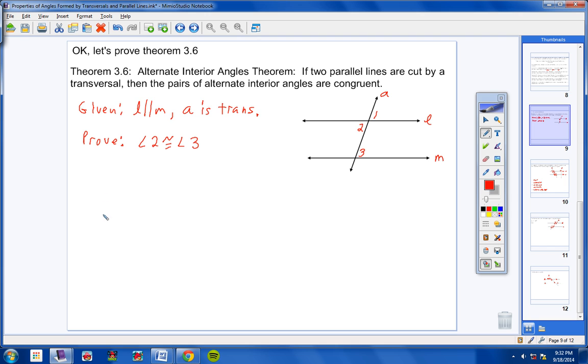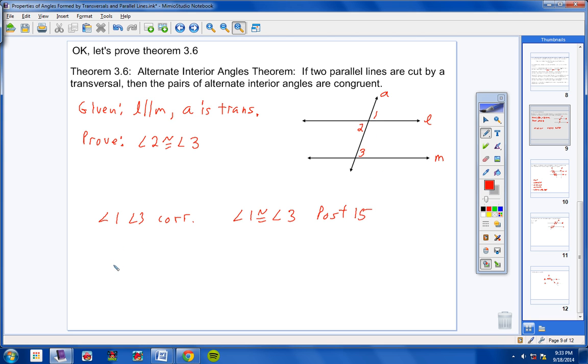I know that I can state that angles 1 and 3 are corresponding angles. I can state that, okay? I can definitely state that. And then I can state that they're what? Congruent. Can I not? That's postulate 15. When two parallel lines are cut by a transversal, the corresponding angles are congruent.